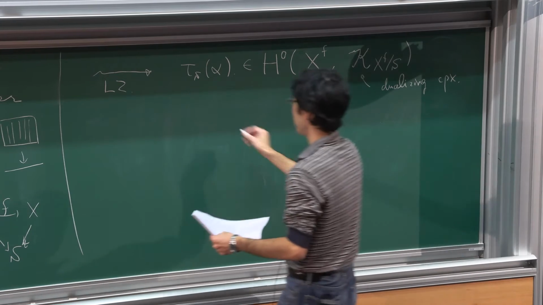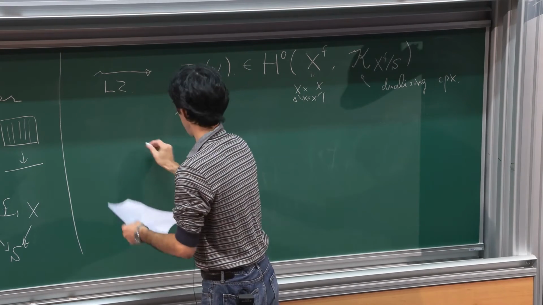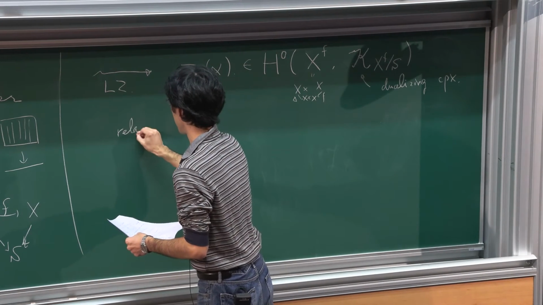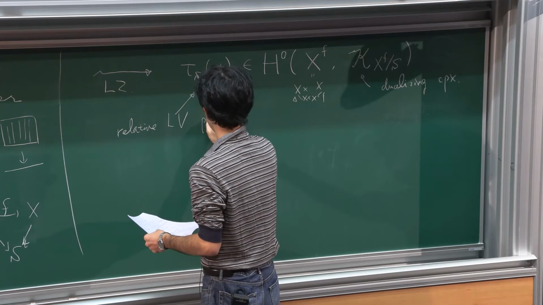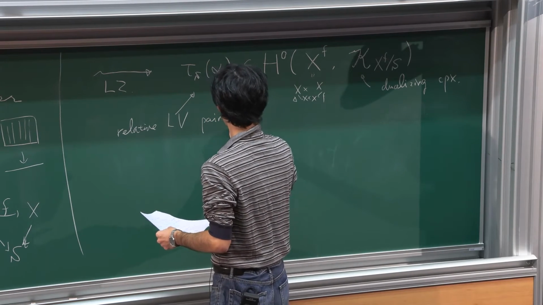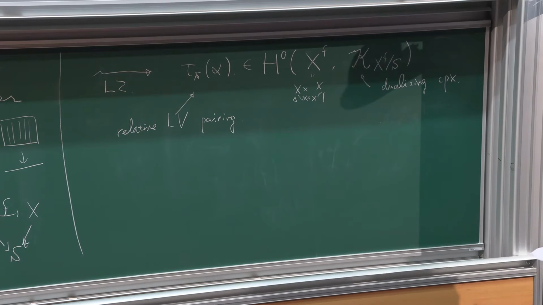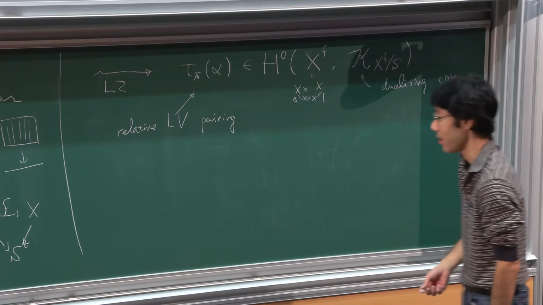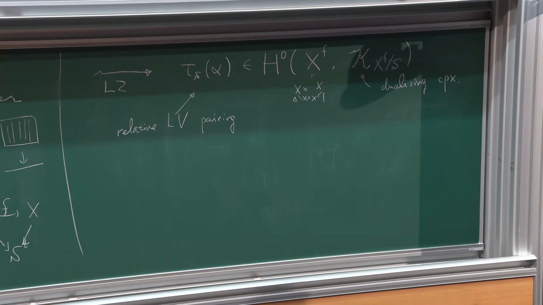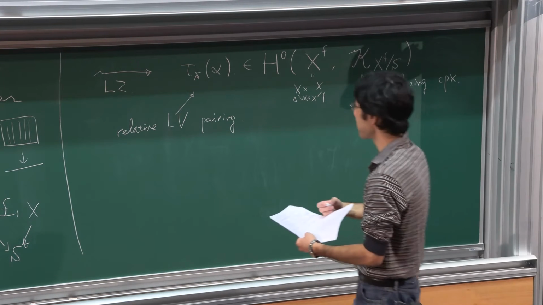This is called a relative Lefschetz-Verdier pairing. In the case where S is a point, this is written in SGA 5 by Luc Illusie.